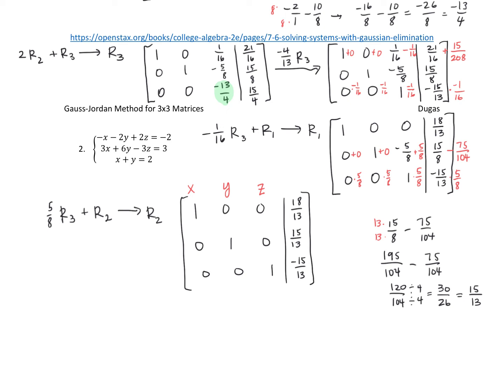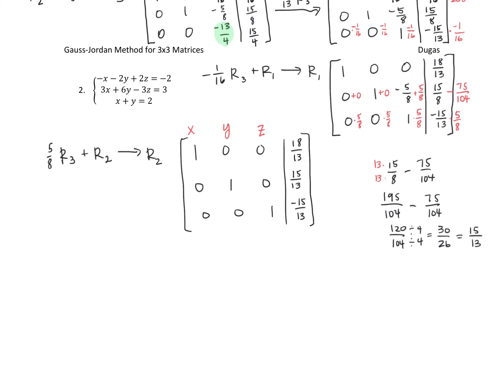So since we have the first row with 0 y's and 0 z's and just 1 x, that tells us that x equals 18/13. Same reasoning for the second row. Y is positive 15/13. And the third row tells us that z is a negative 15/13.